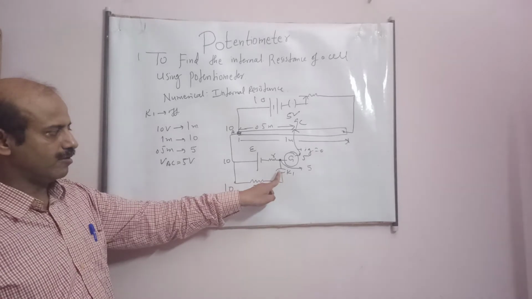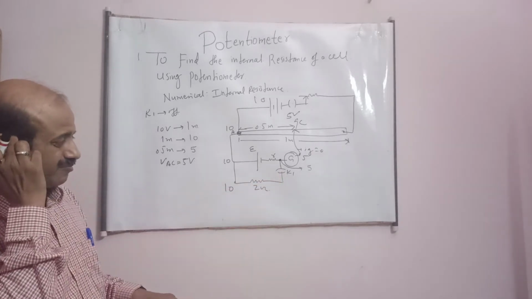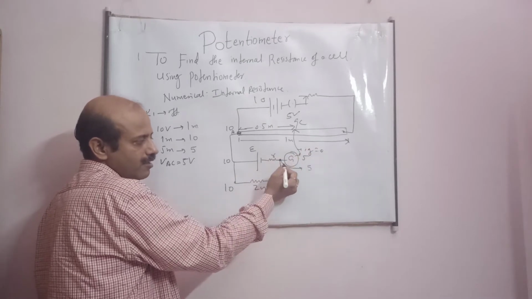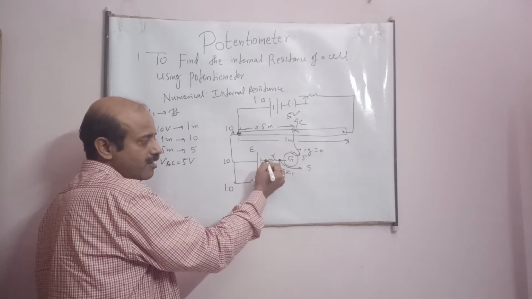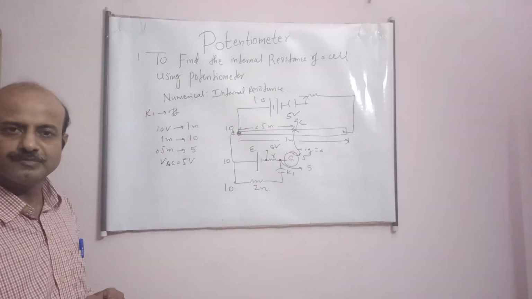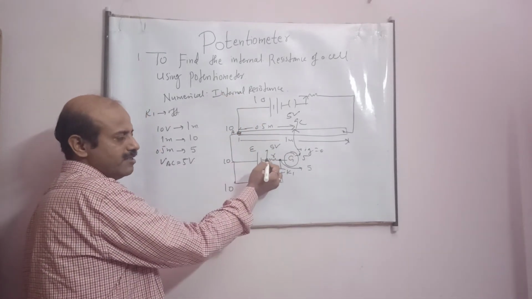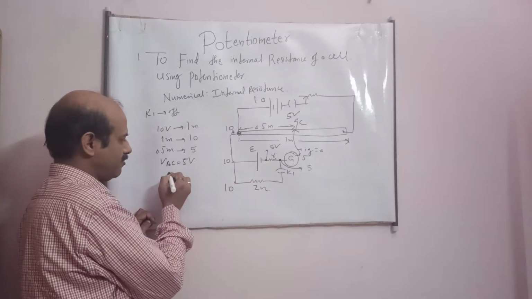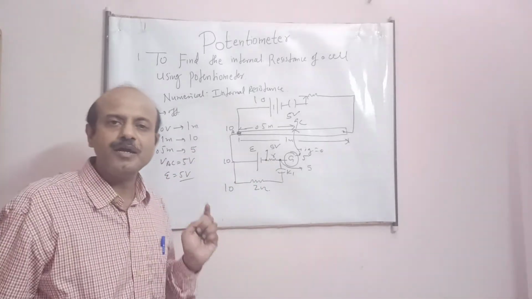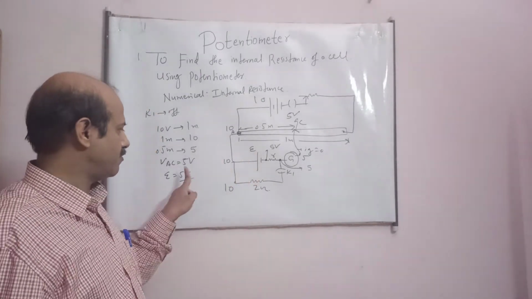This key is off already. Since there is no current, null deflection, this is at 5 volt, and this is 10 volt. This means the EMF of this cell is 5 volt. So it is a numerical where I have found the unknown EMF, 5 volt.